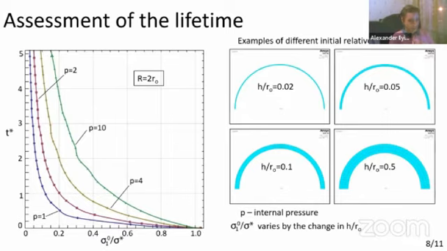As one can see, at a stress ratio equal to a constant value, a toroidal shell loaded with a higher pressure has a greater lifetime. This is due to the fact that in these conditions, shells under higher pressures have a greater thickness.